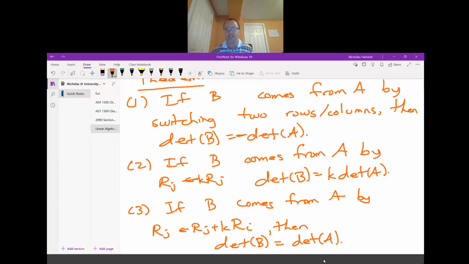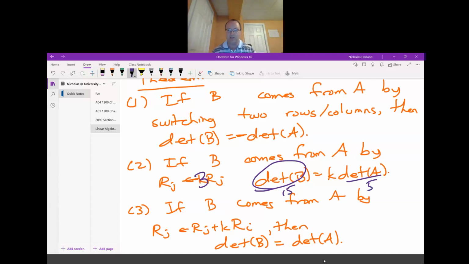So what is this really saying? This is saying that we can use these 3 rules, and we will use these 3 rules. If we use the last rule, the determinant doesn't change. But if we use one of the first 2 rules, the determinant does change in a predictable way that we can use. If we can find the determinant of B, and we know that we used this row operation with 3, and we know the determinant of B was 15, then we can get that the determinant of A was 5.